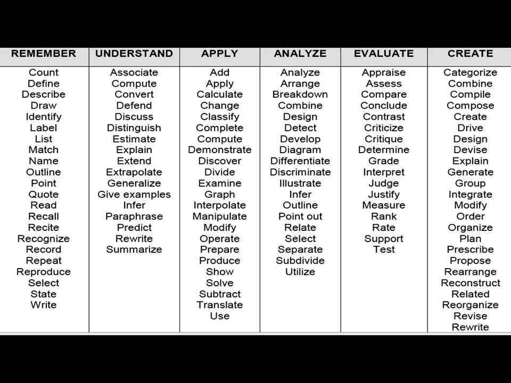So I say that to say that you can find some updated versions of this. If you do have one of these lists, there are lots of updated versions of that. And since the digital taxonomy was created, there are actually verb lists that are specific to that taxonomy.